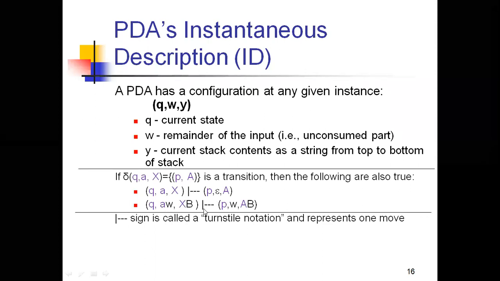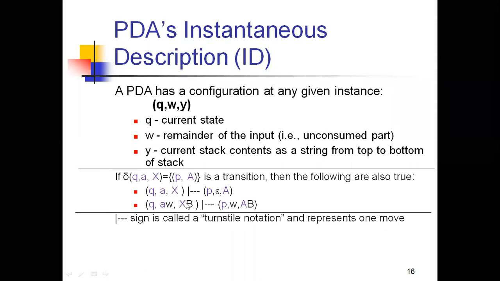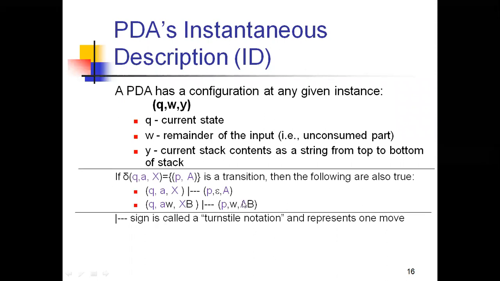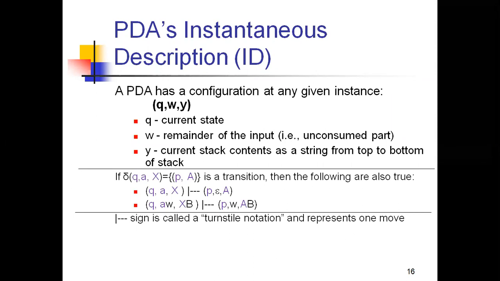Then the state gets changed, it goes into the new state P, and my input alphabet is A. Now it is pushed onto the stack and the input becomes W. Here in the place of the input alphabet, it is W. And coming to the XB, this A is pushed into the stack, right? So in the place of this X, now it becomes A. So when you're representing with ID symbols like this, if you use these two symbols also, it becomes correct, it becomes true.